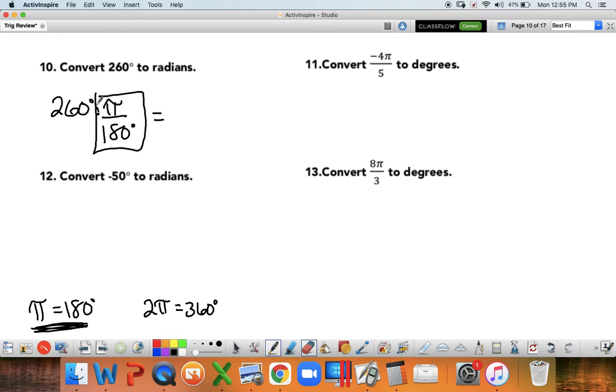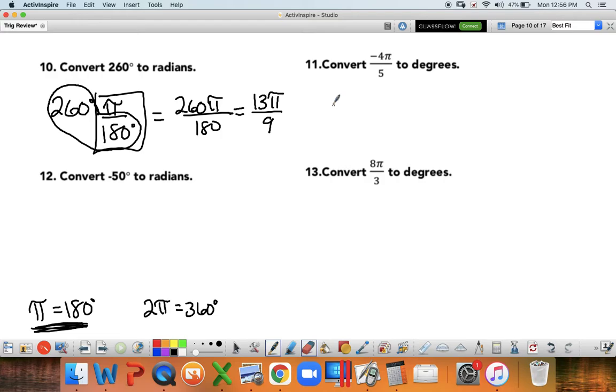Here's where I recommend that you pick up your calculator, because what you're trying to do is simplify the fraction, 260 over 180. If you do 260 divided by 180, math enter, enter, you don't have to simplify the fraction yourself. It simplifies down to 13 pi over 9.